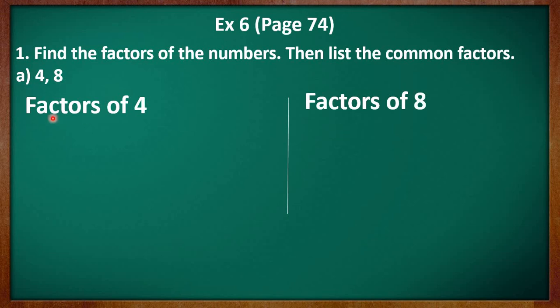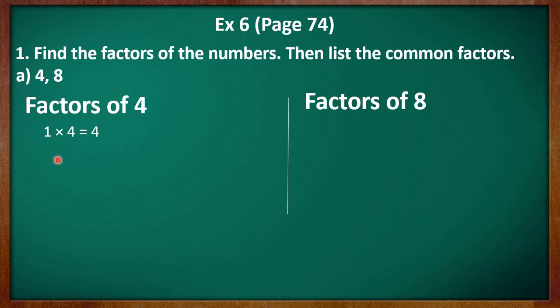So let's do that. We know that the first multiplication fact, 1 multiplied by 4 is equal to 4, will give us two factors, which are 1 and 4, that is the smallest and the greatest factor of 4. Now we will find all other factors between these two numbers. So let's try by 2. Kids, when you divide 4 by 2, you find that the remainder is 0. That means 2 is a factor of 4.